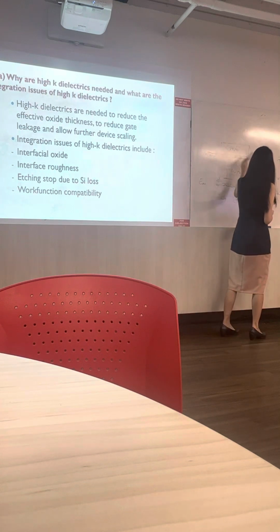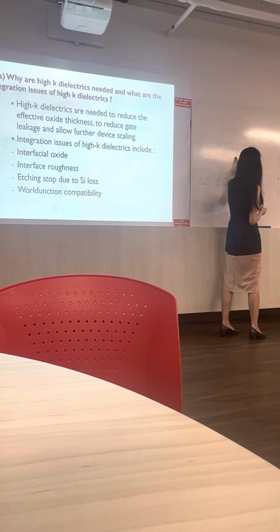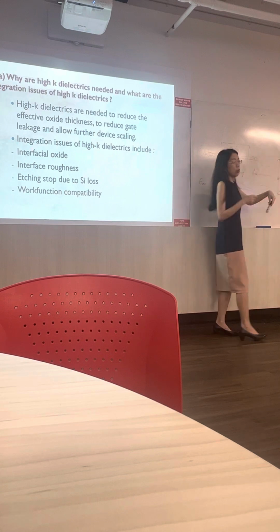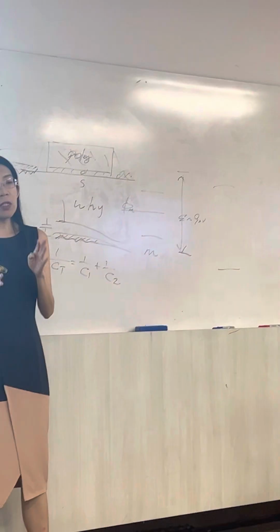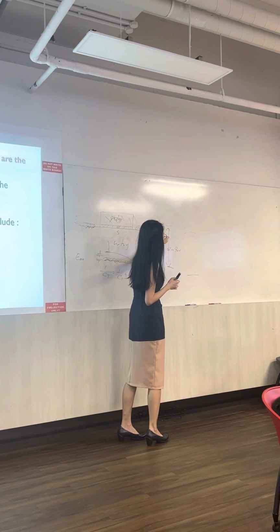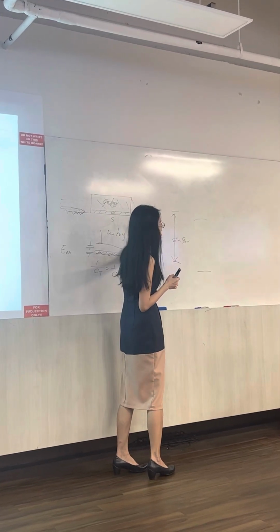Meaning, let's say you decided not to change the polysilicon. Then when you select the oxide, you have to make sure the band gap is large enough. So for SiO2, the band gap is pretty large, but you realize that when you choose aluminum oxide or hafnium oxide, the band gap tends to reduce. So when it reduces, you need to check whether this level is still not so close to the conduction band.